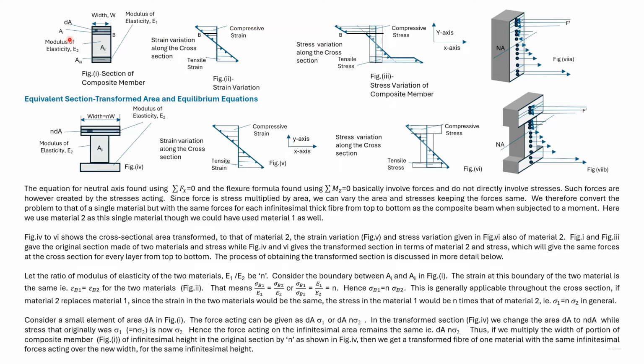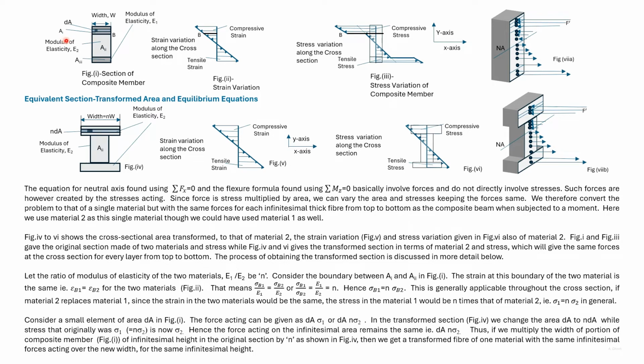So in the portion A1, we can multiply all the fibers by n in the transformed section of a single material so that the forces remain the same in the fibers. So we construct the transformed area from top to bottom so the forces in the fibers remain the same as of a composite member when subjected to a given moment.